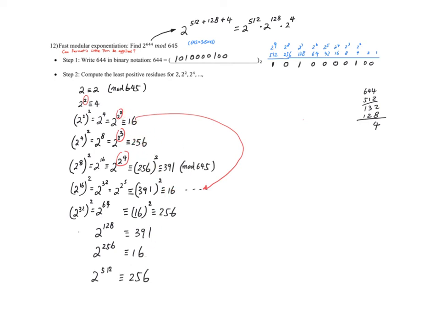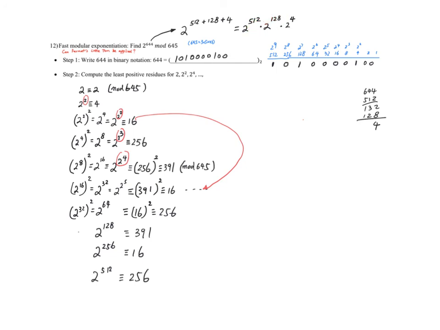Now, go back to the original question. You already know 2 to the 644 power can be broken into the product of these three numbers, and these powers are powers of 2.